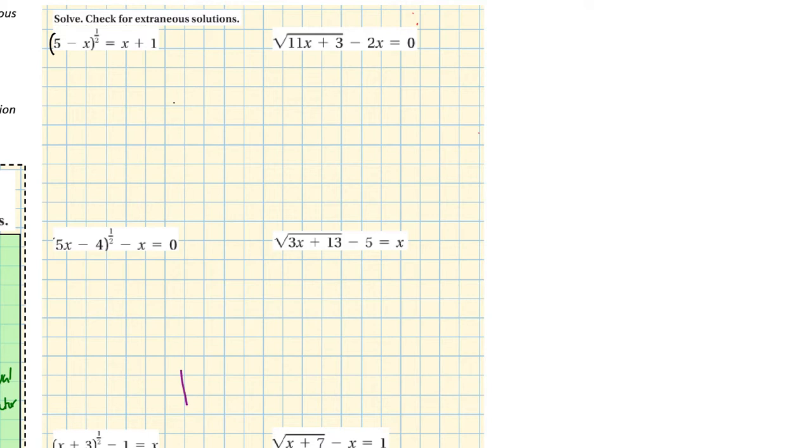So for example, the top one here is the same thing as having the square root of 5 minus x is equal to x plus 1. Same thing for this one right here, the same thing as having the square root of 5 minus 4 minus x is equal to 0. So go ahead and finish those for homework, and we're going to continue on to the next lesson.